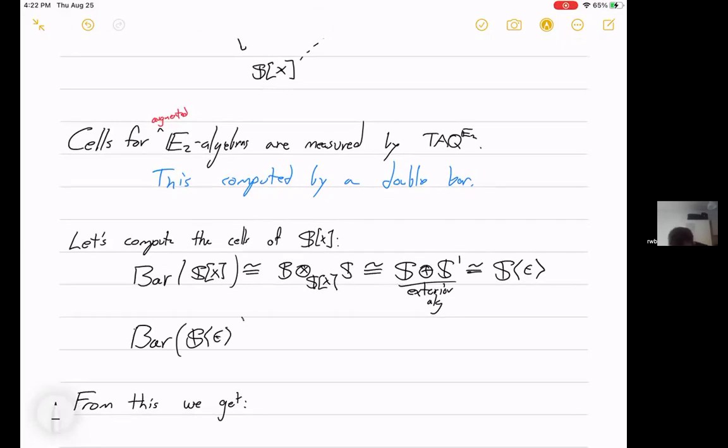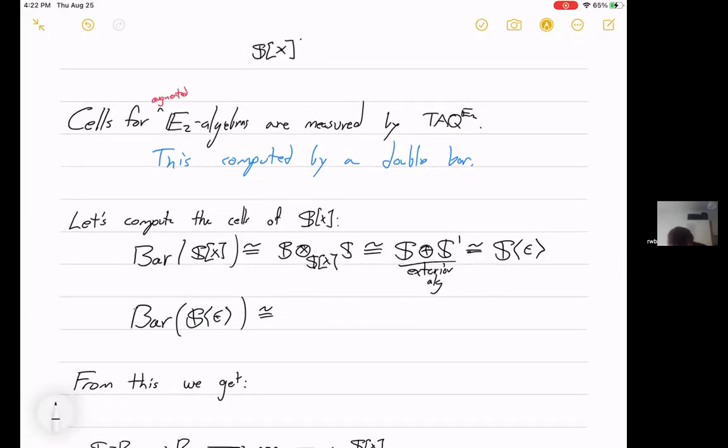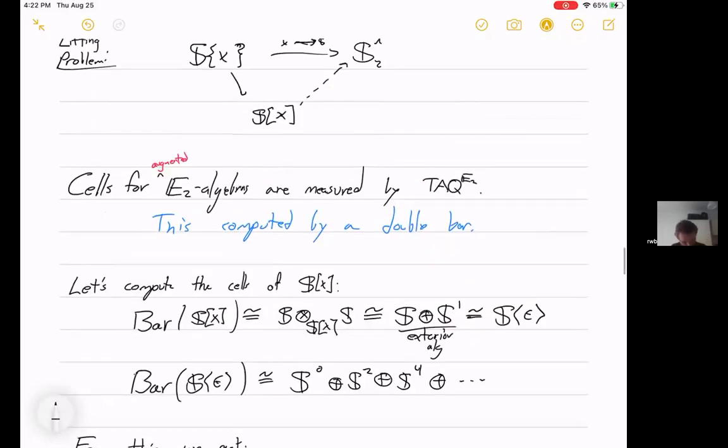When you bar an exterior algebra, you tend to get a divided power algebra. We don't care about the algebra structure, just the underlying object. So this ends up being S0 plus S2 plus S4 plus S6 and so on. The trick to making these computations go through, because I'm breezing through them and haven't justified a lot of steps, is to make the polynomial algebra a graded E2 algebra, where X is in grading 1.